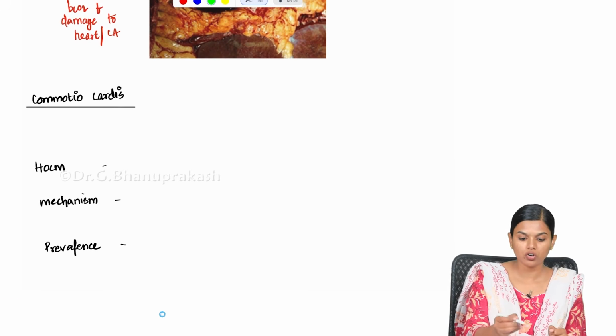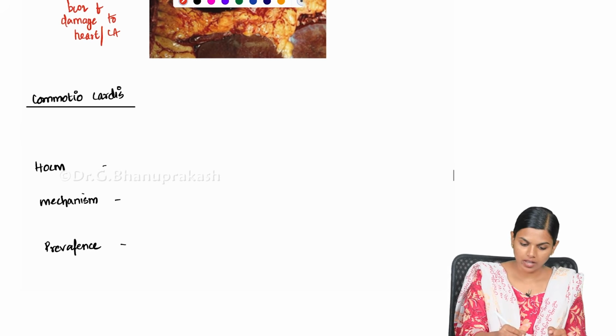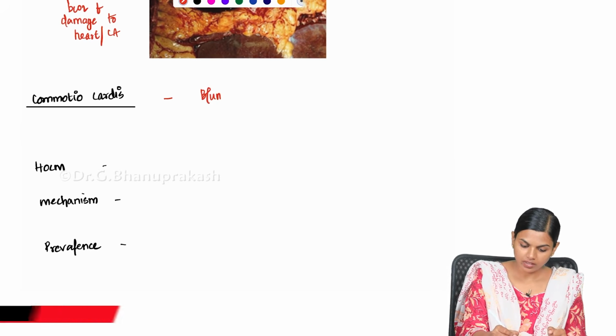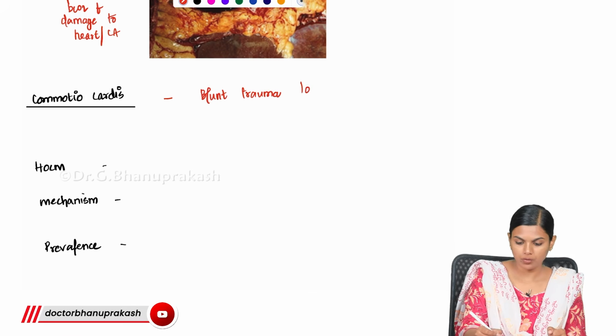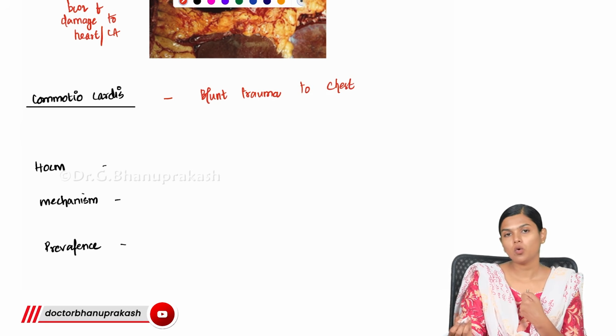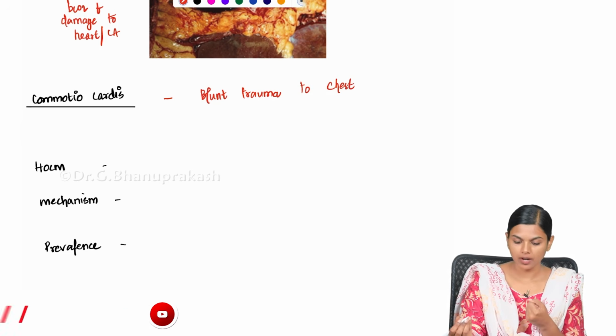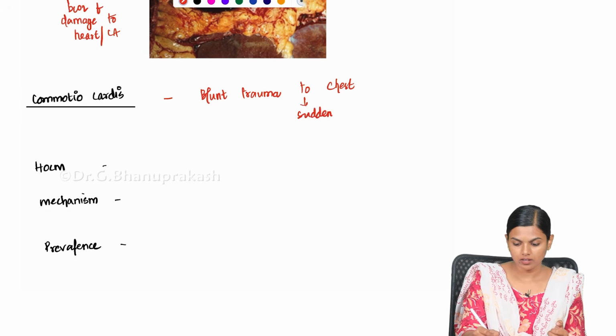So in Commotio Cordis, what happens is that there will be a blunt trauma to the chest, over the sternum, and all of a sudden the patient will die.